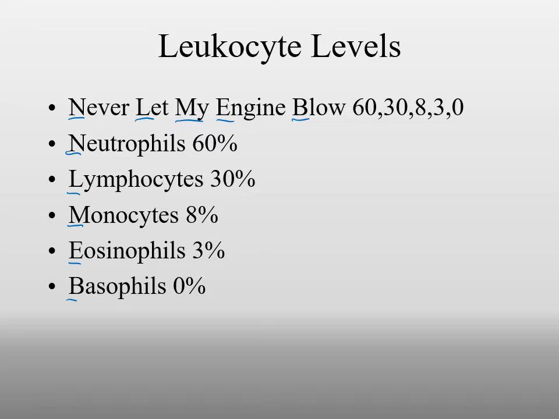And when we do a blood sample and we pull a WBC, we're going to look not just at the total number of cells that are there. We're also going to want to do a differential to figure out how many of each type they actually have.